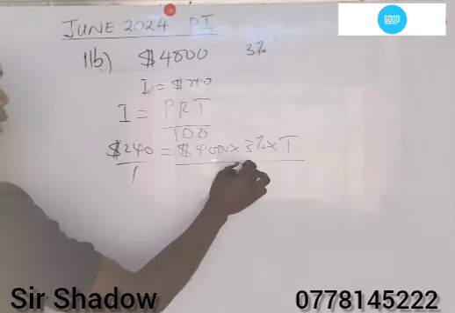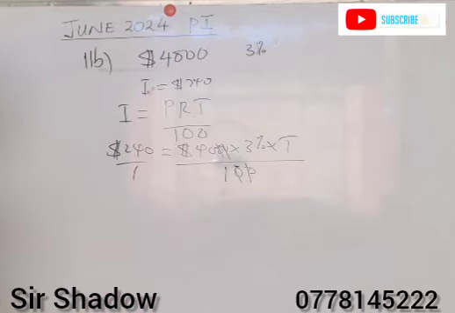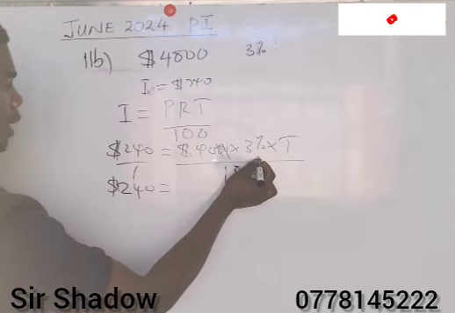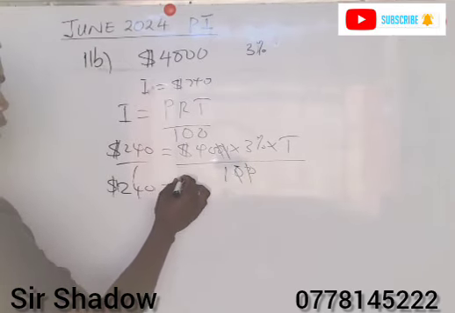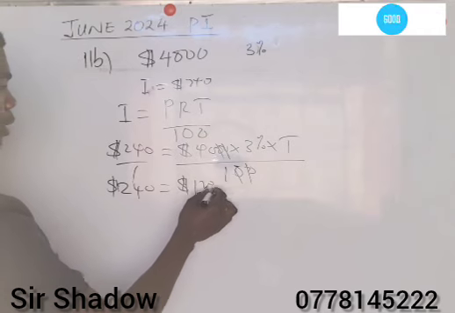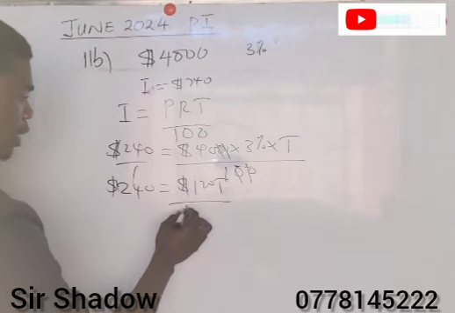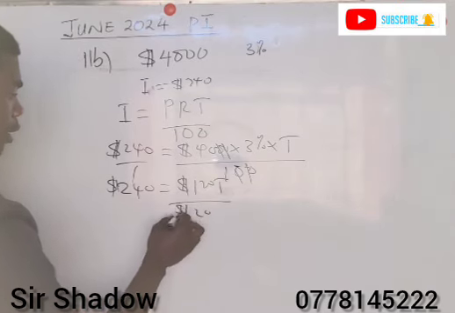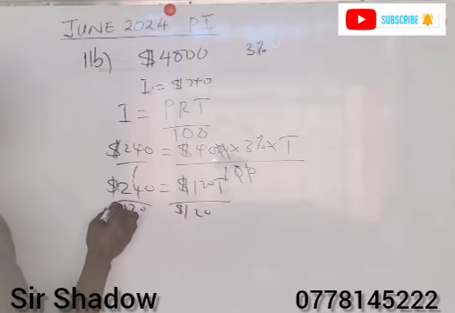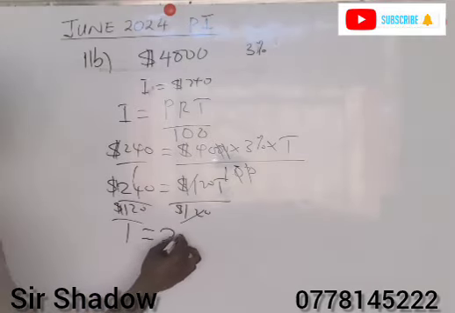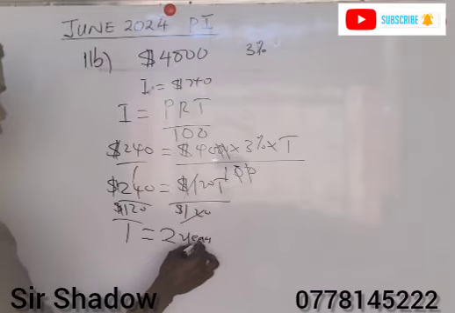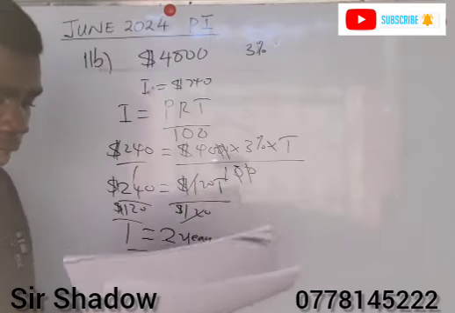These zeros cancel each other. Then we are left with $240 is equal to 40 by 3, which is 120T. Dividing by 120, T is equal to 2 years. Since we were asked to find the term, it is 2 years.